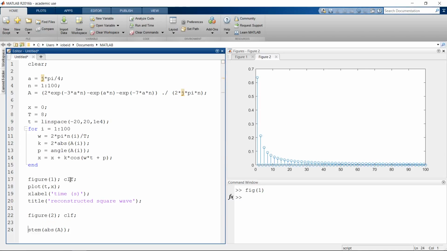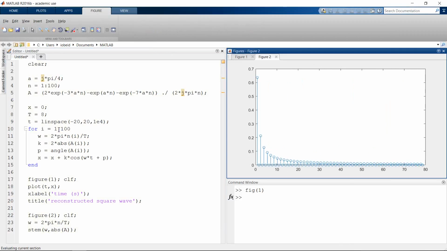So the solution to that is I'm going to create a frequency vector called omega, and that frequency vector will be 2 times pi times n over T. Now remember, n is an array from 1 to 100. It has 100 elements in it. And so if I define omega like this, it will give me a corresponding array of 100 values of omega. And now I can stem omega against A. And now my x-axis is done appropriately.